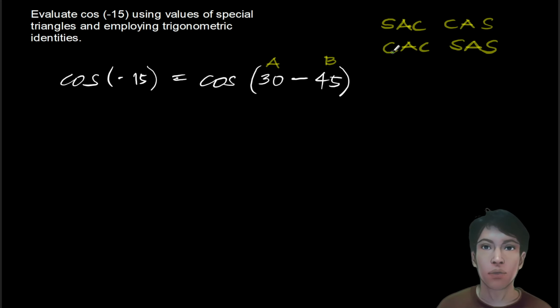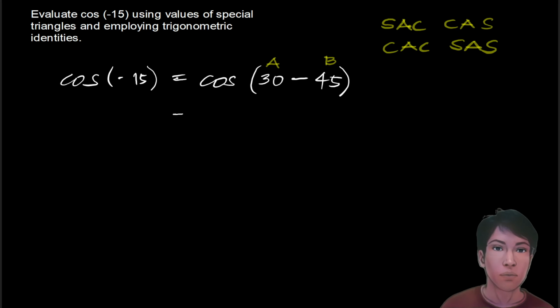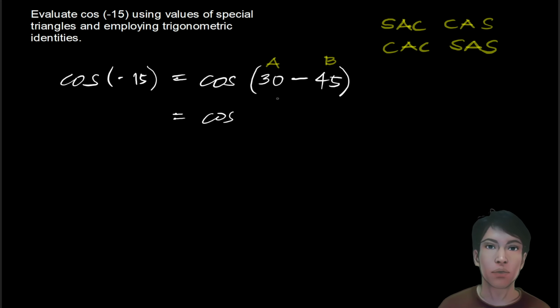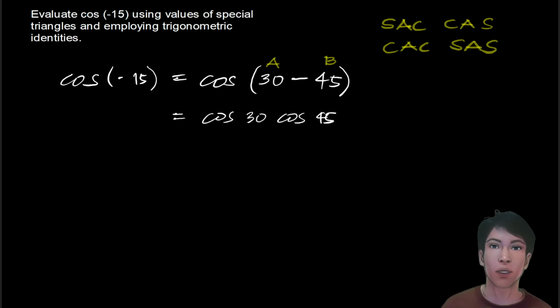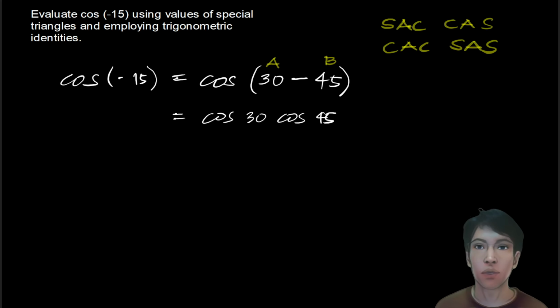So in this case, for the cosine function, this is equivalent to cosine A, so cosine 30, then cosine B, so that will be 45. If this is minus, then this should be plus, as opposed to the sum and difference of two angles for sine. If it is plus, then this should be plus.